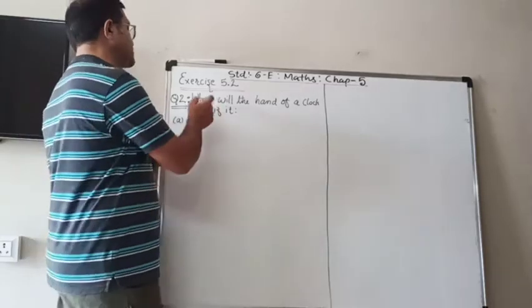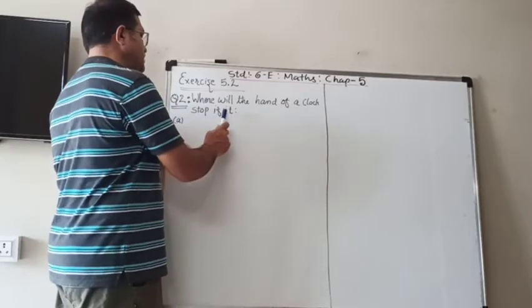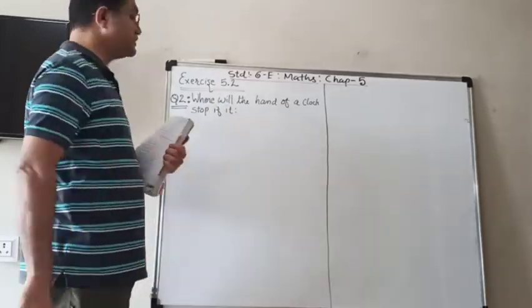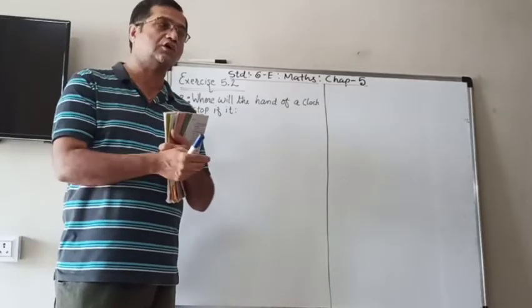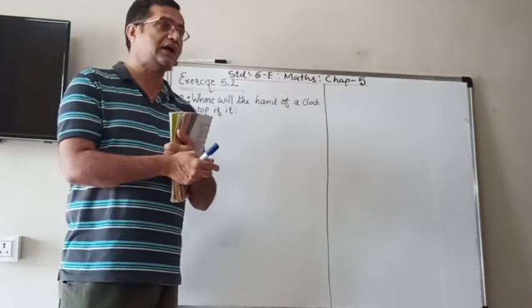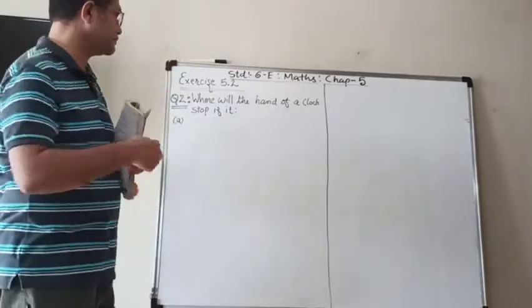It says that where will the hand of a clock stop if it... so here different situations are given from which the clock hand starts and then what revolution it is making.